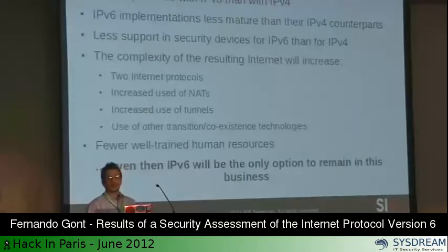You will also see that there will be increased use of NATs, and this may sound ironic to many of you because you typically hear that with IPv6 we will get rid of NATs. But in practice the problem is that we have only a few IPv4 addresses. So, for example, we need to deploy more and more NAT devices in the IPv4 world so that we can share the remaining IPv4 addresses that we have.